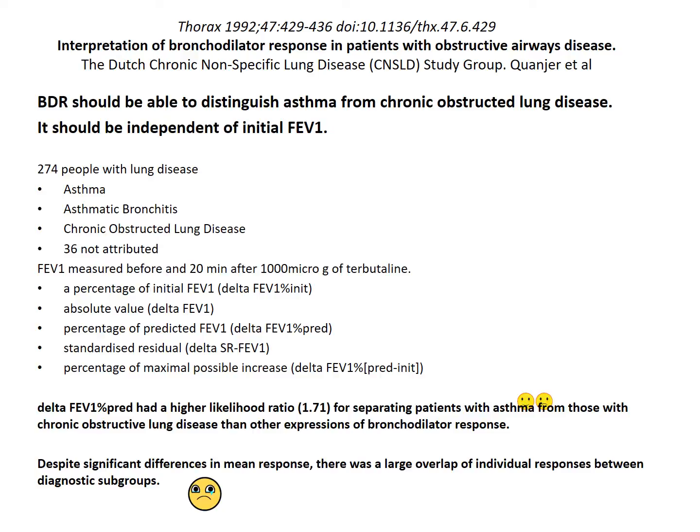They very reasonably wanted to know how to use a bronchodilator response to discriminate between different lung diseases and find the best method of expressing change in spirometry that was independent of the initial FEV1. So they took a population of lung disease patients that they'd had for a long time, and they separated them into distinct, from their perspective in 1992, disease categories.